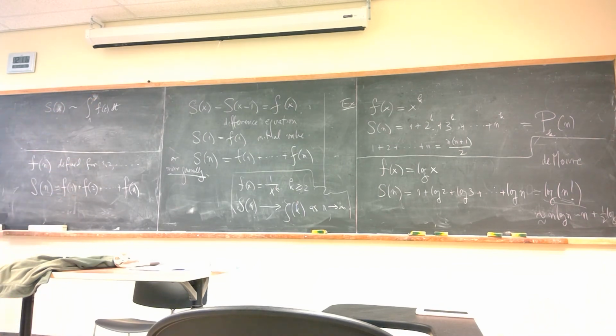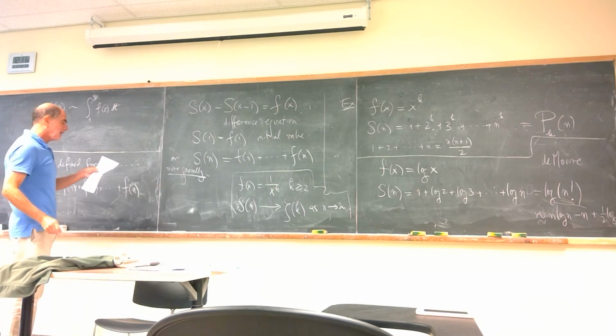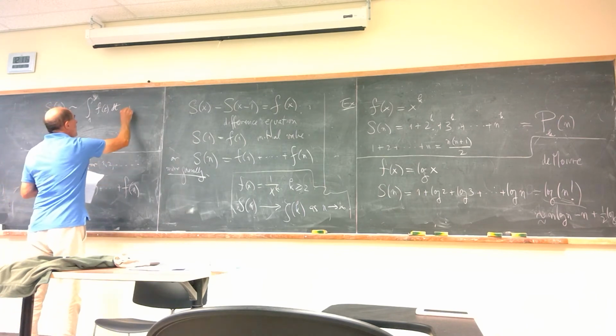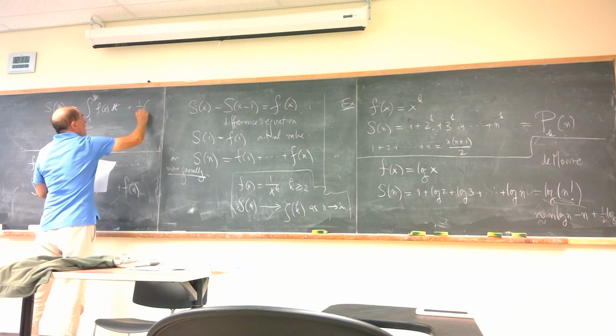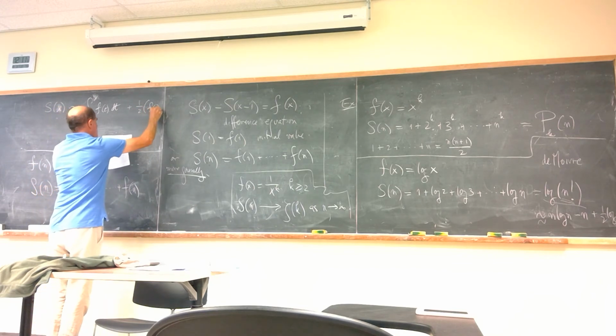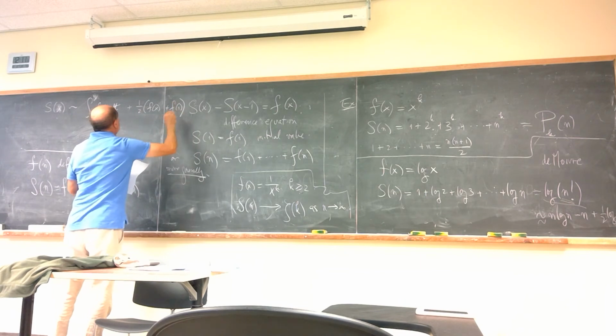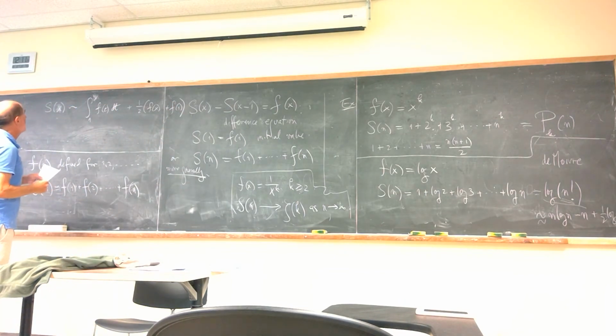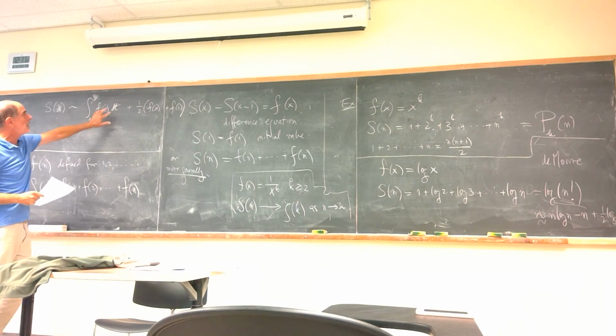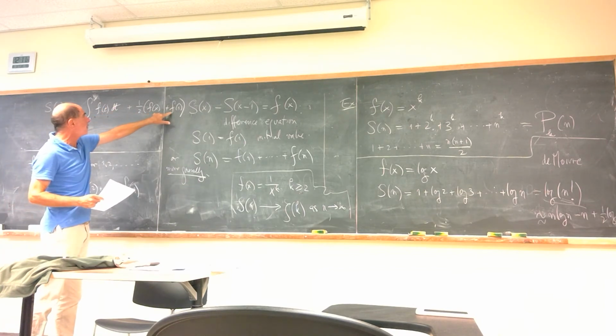But if we want the right initial condition, namely s of 1 is f of 1, we better add 1/2 of f of x plus f of 1. Because if x is equal to 1, this is 0, and we want s of 1 to be f of 1, so we can do this.